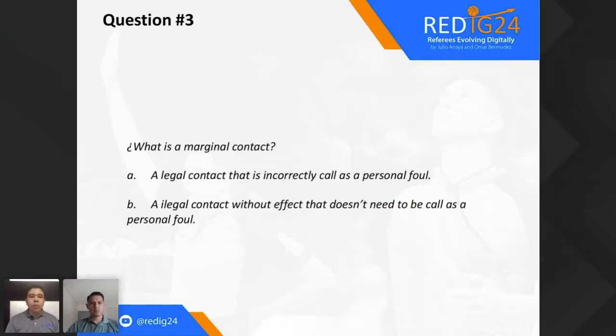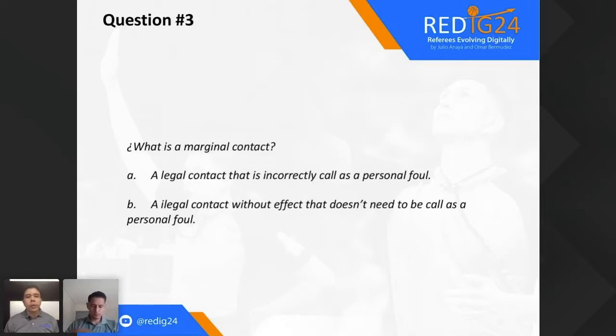So to move on, the next question for you is: what is a marginal contact? You will have a poll. What do you think a marginal contact is? You can start answering.